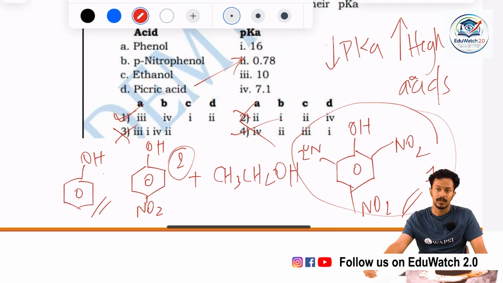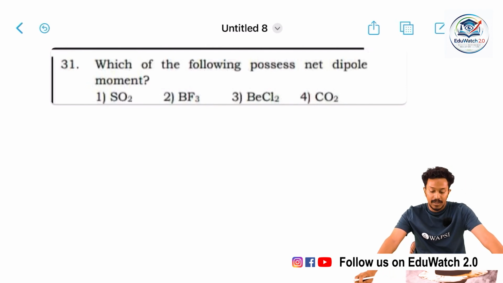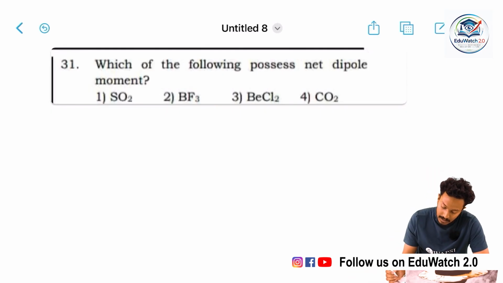Okay, we will be moving on to our next question. Which of the following possess net dipole moment? You know that the net dipole moment in a compound depends upon its molecular geometry. In these 4 options, BF3 is a trigonal planar structure like this one.